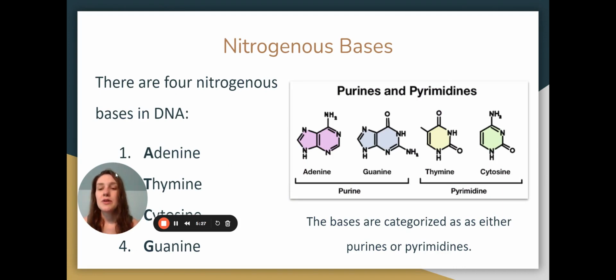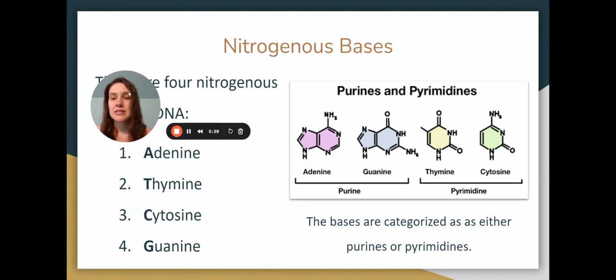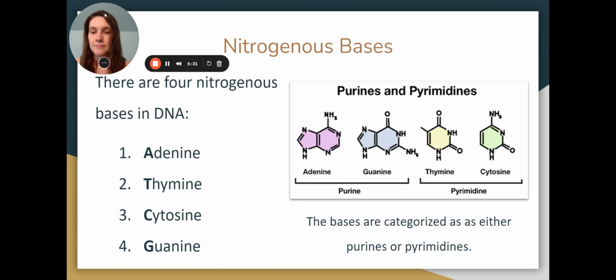Alrighty. So there are 4 nitrogenous bases in DNA. They are adenine, thymine, cytosine, and guanine. We can categorize these nitrogenous bases either into purines or pyrimidines.